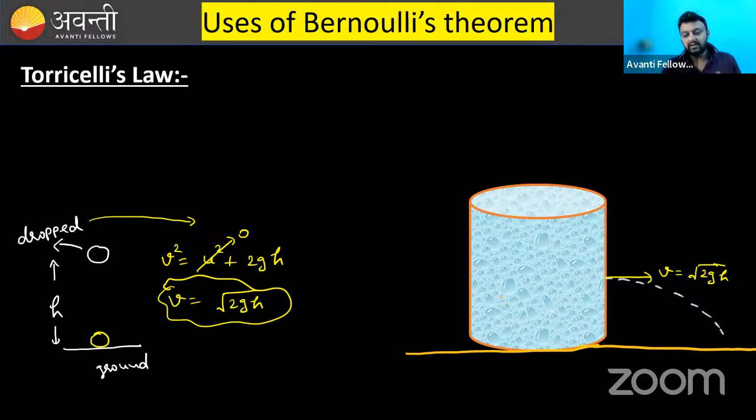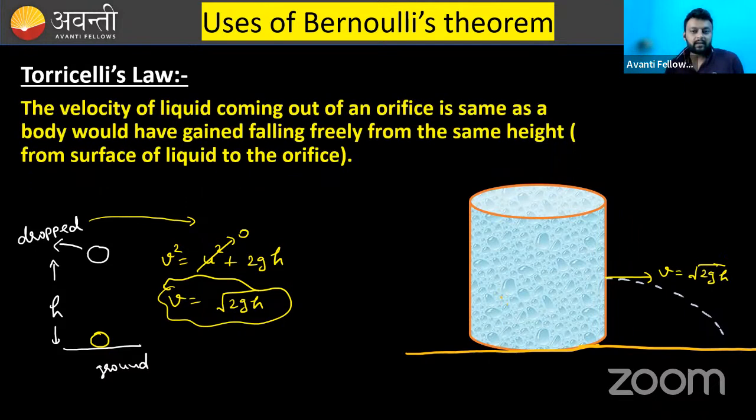I have mentioned this on your screen. You can read it out. We have few minutes left. I think it is clear. V is equal to root 2gh. Just remember this formula. Now moving further. This is Torricelli's law. Nothing else.